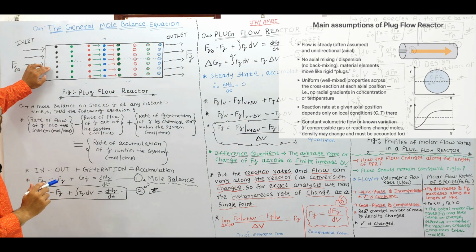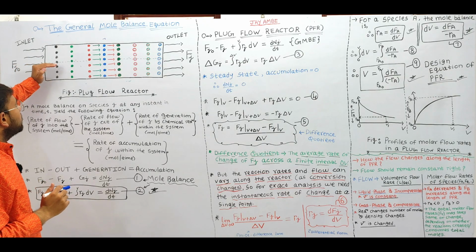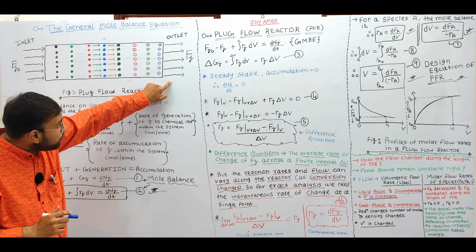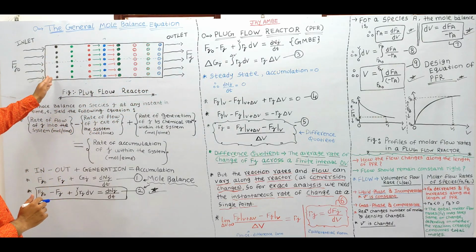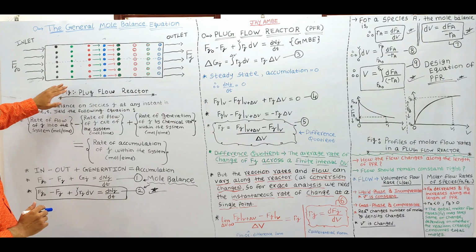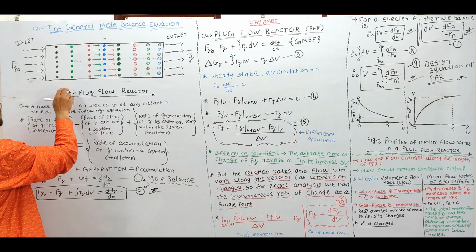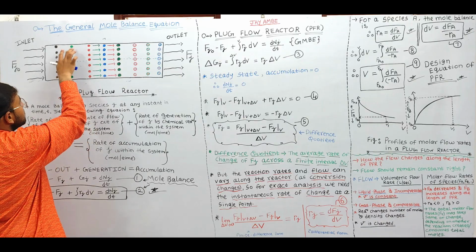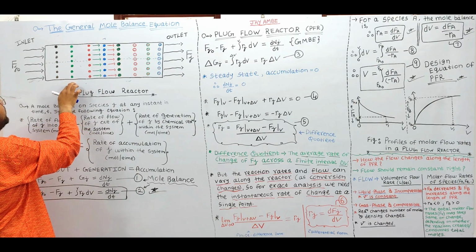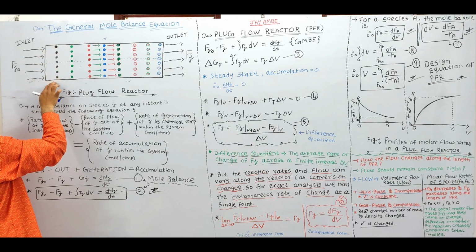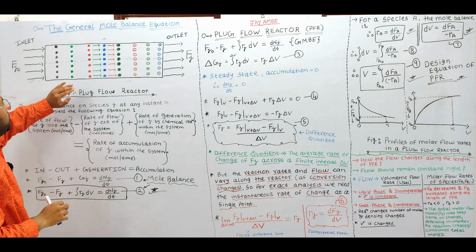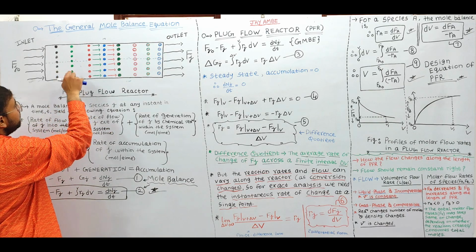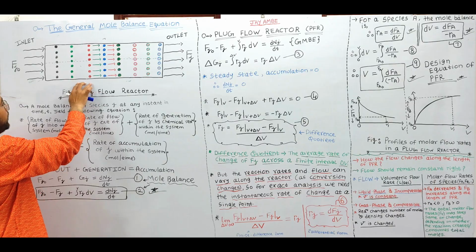So the fluid which is exiting the plug flow reactor will not mix with the fluid which is entering the reactor. This entire thin slice of fluid, this plug, will not mix with the adjacent fluid slice, right? So there is no axial mixing. Axial mixing is not present in the ideal plug flow reactor.